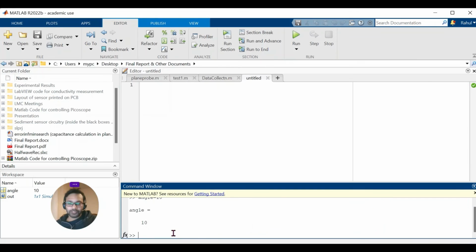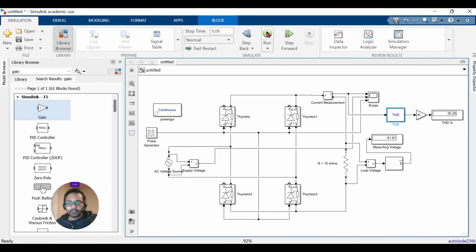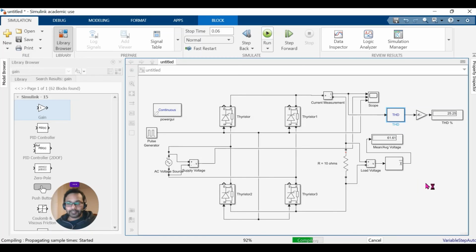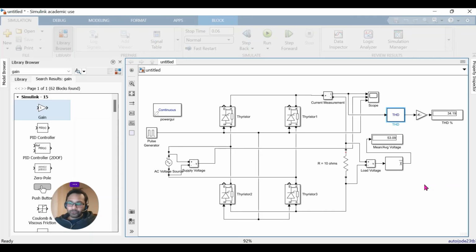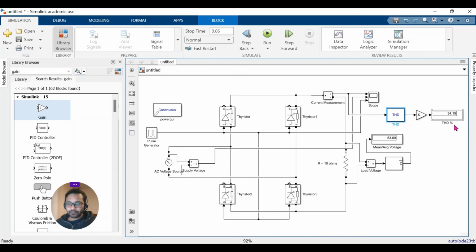Now let's change the firing angle to, let's say, 45 degree, and run the circuit again. So as you can see, the total harmonic distortion increased to 34.9, and the mean average voltage reduced.